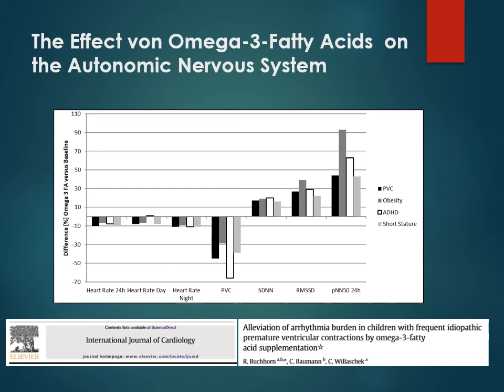And this publication in the International Journal of Cardiology clearly shows that the heart rate is reduced at day and night, and the heart rate variability increases after this nutritional supplementation. The arrhythmia in these patient groups decreases during this therapy.